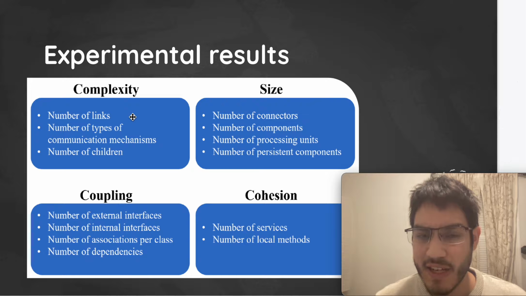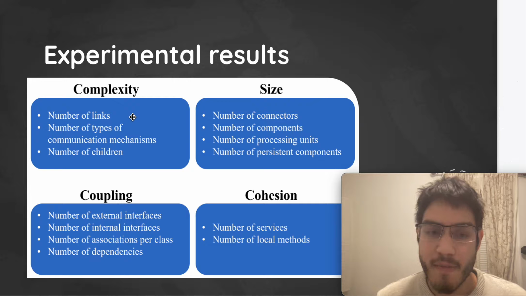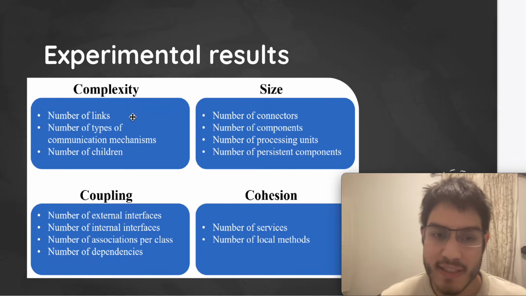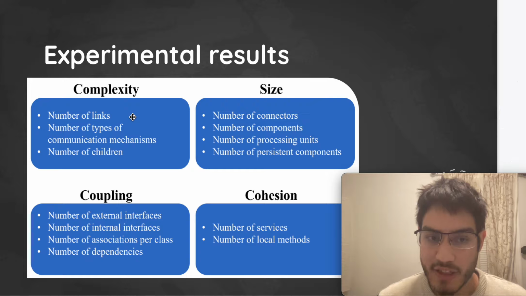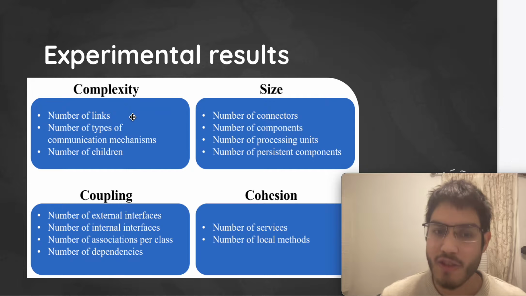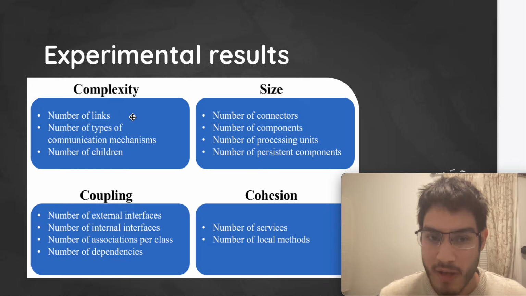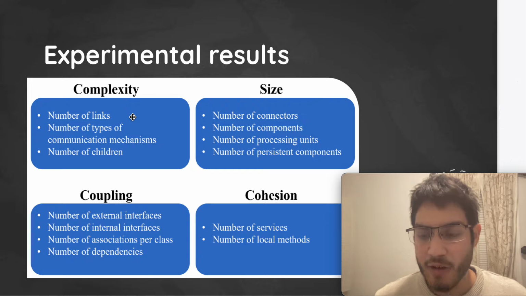The complexity contains mostly characteristics such as the number of links, number of types of communication mechanism, and also number of children that help us to understand how deep in the architectural hierarchy this framework is.